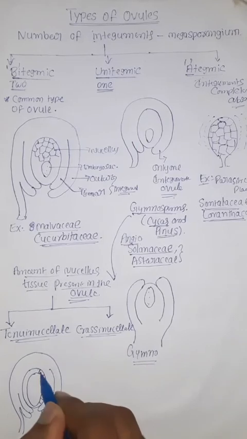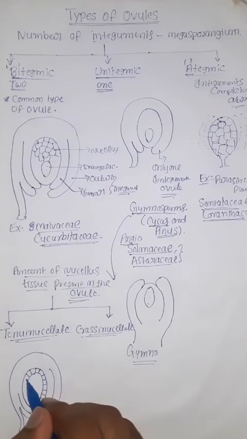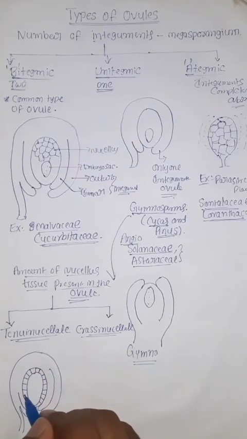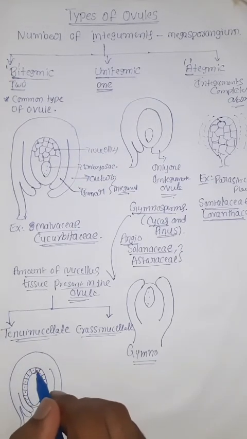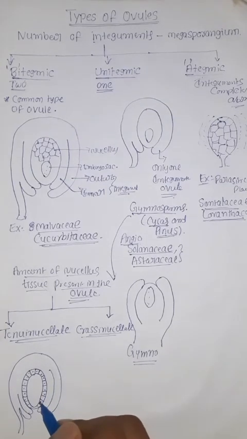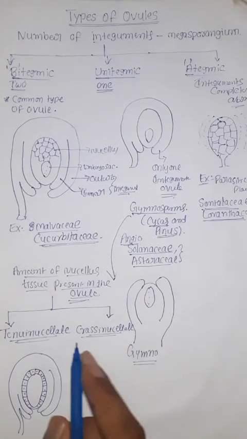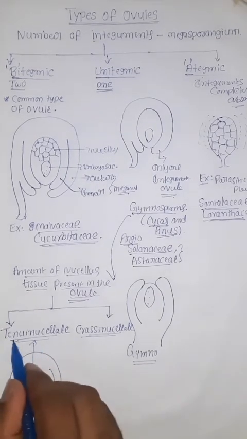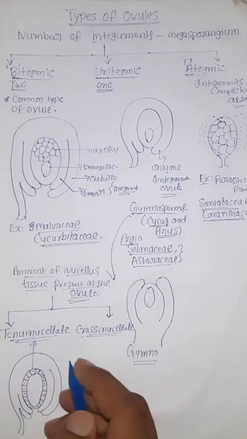Only the nucellus is present in one layer of cells. Means the nucellus is very thin in this type of ovules. That's why this type is called tenuinucellate ovule type.